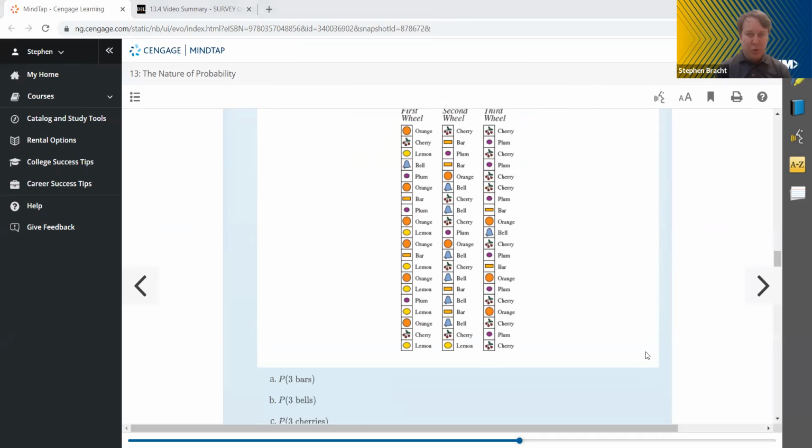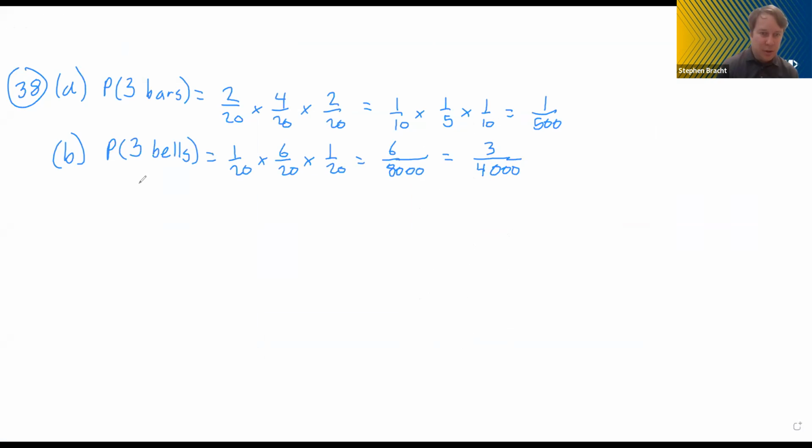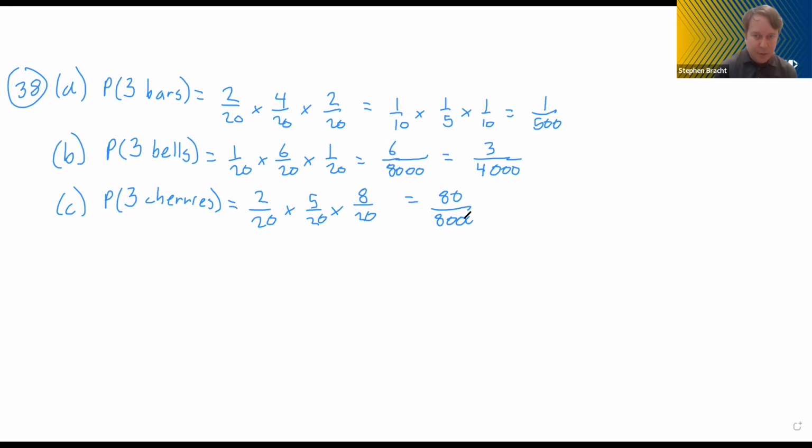So when I multiply the probabilities, I'm going to get this probability of 3 cherries. 2/20ths is the probability for the first wheel. 5/20ths is the probability for the second wheel. 8/20ths is the probability for the third wheel. This equals 80 out of 8,000, or 1 out of 100. Okay.